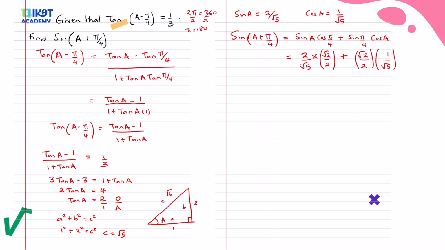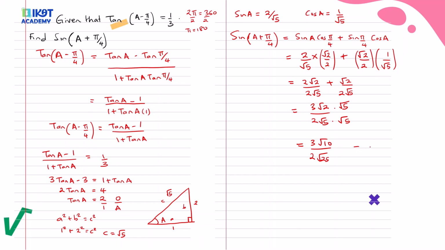So here we now just have to simplify this. Here we get root 2 out of 2 out of root 5 plus root 2 out of 2 out of root 5. So what do we end up having? We end up having this is equal to 3 root 2 out of 2 root 5. And so people usually want to rationalize this further, so we now have 3 root 10 out of 2 root 25.